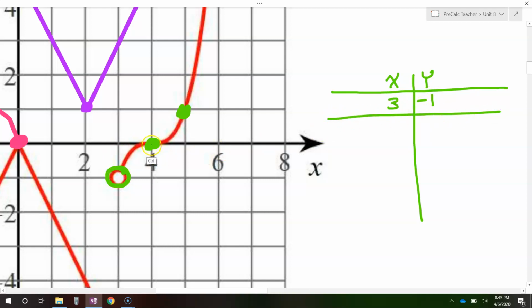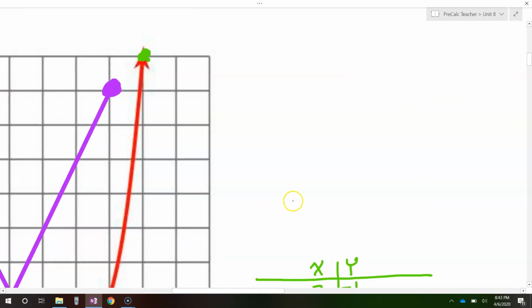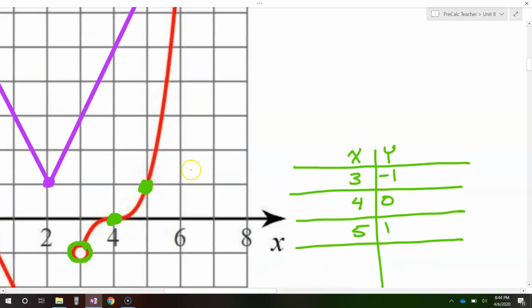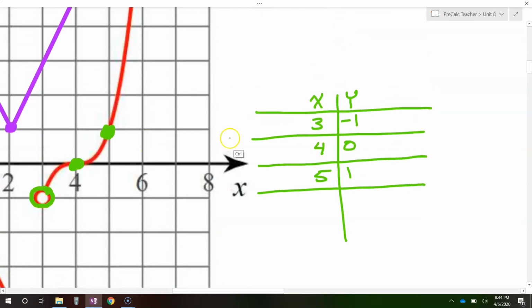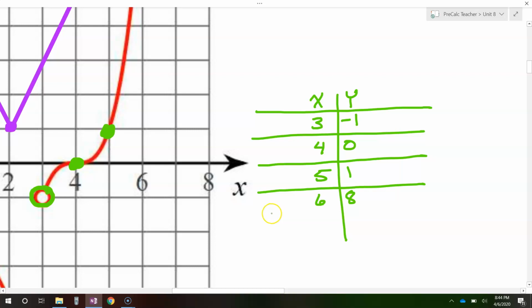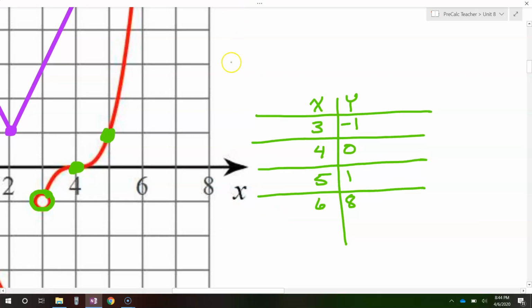And then this inflection point is at 4, comma, 0. And the next point is at 5, comma, 1. And the final point is at 6, comma, 8. All right.